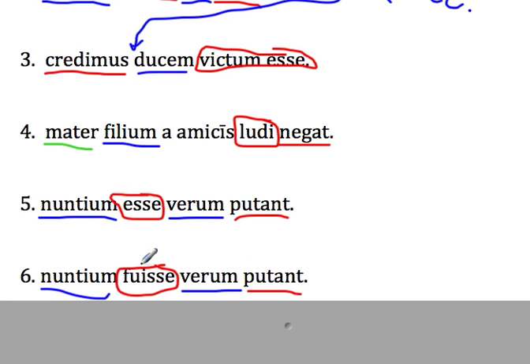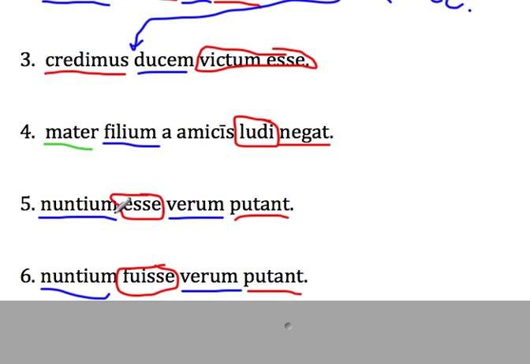The only difference is the tense of the infinitive has changed. Up here it was present, down here it's perfect. So what that is really doing is telling you that since this infinitive is perfect, this action happened before this one. A perfect tense infinitive tells you an action happened before the main verb.